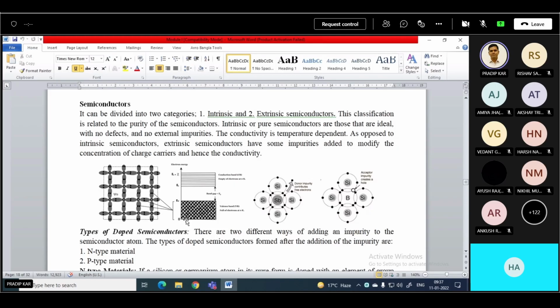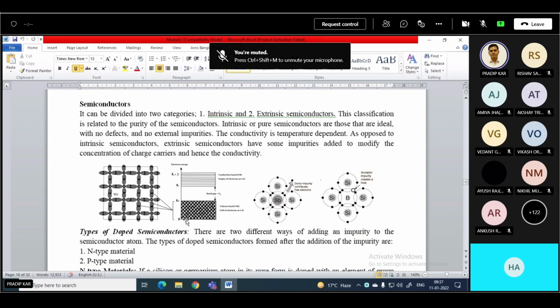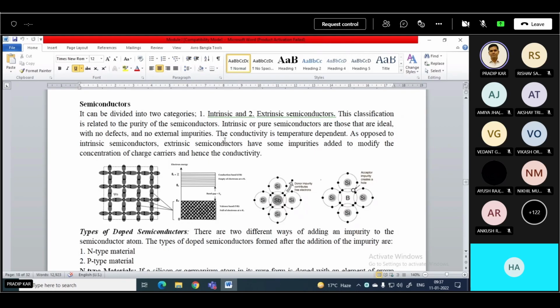Two categories of semiconductor are present: one is intrinsic semiconductor and one is extrinsic semiconductor. The classification is related to the purity of the semiconductor.